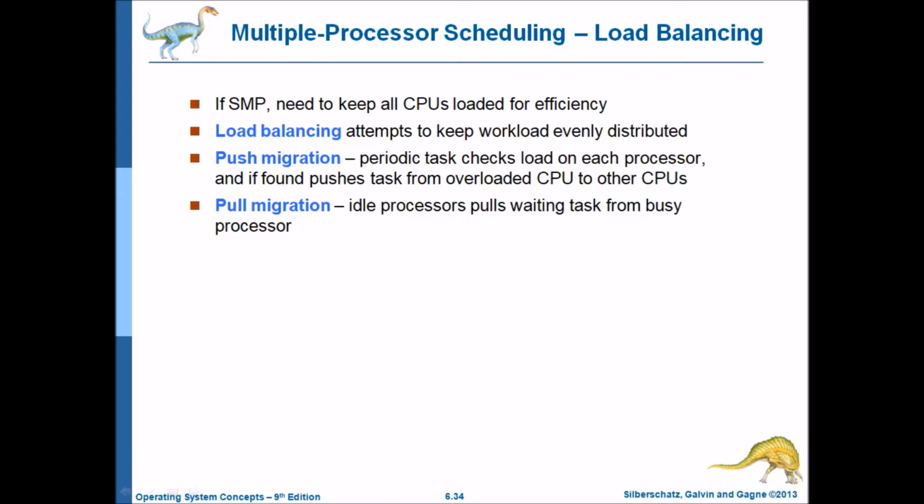The benefit of keeping a process running on the same processor is that the process can take advantage of its data being in the processor's cache memory. So either pulling or pushing a process from one processor to another removes this benefit.